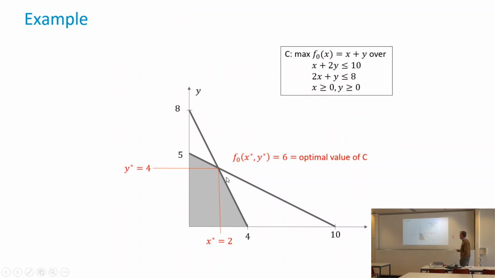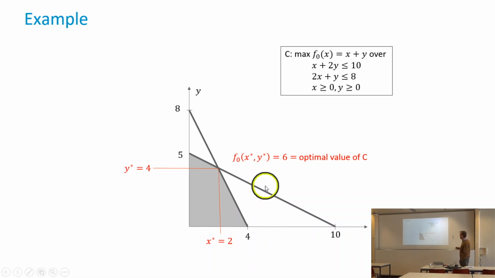Here is an example, the example we saw in the quiz before, where we had to maximize x plus y over this constraint set. I'm showing in the xy plane what the constraints are. Every constraint gives an inequality. x larger than 0 means xy is in the first quadrant. And then those two constraints give the two lines, and the intersection gives the shaded area here.